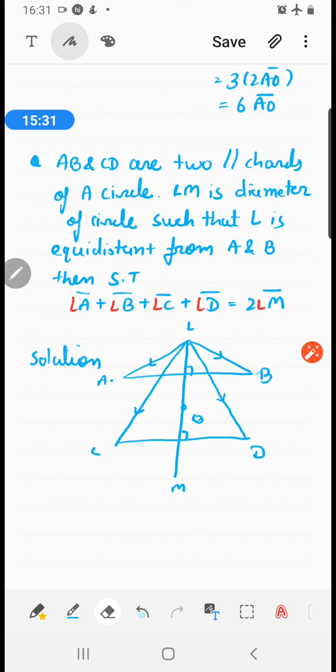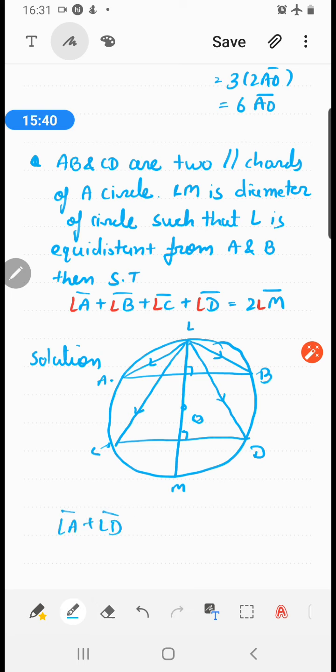Now let us take the combination LA bar plus LD bar. If you see, LA and LD nicely form a parallelogram. To show the parallelogram here, I need to do some construction, and that construction will be joining AM and MD.